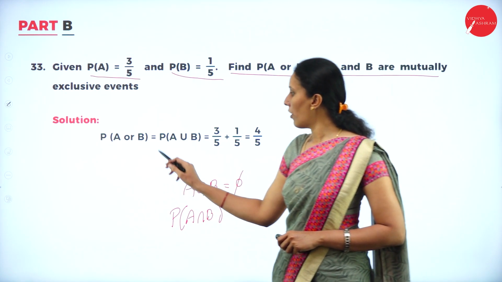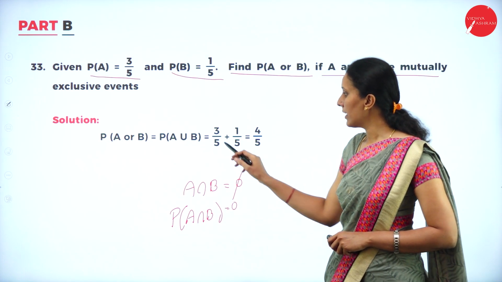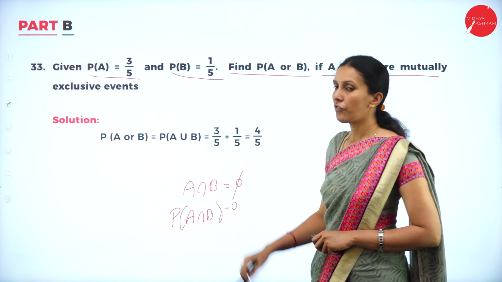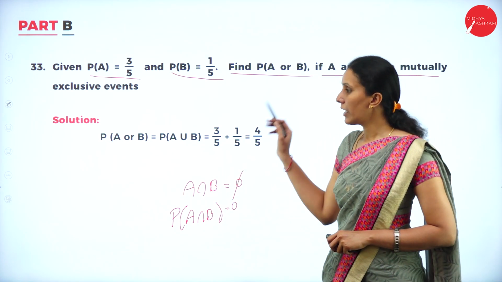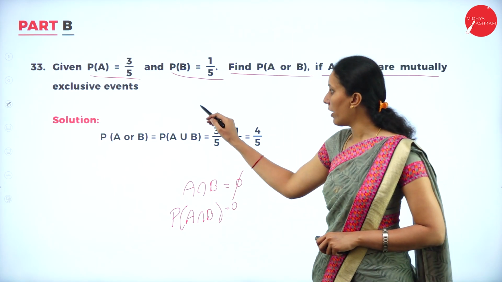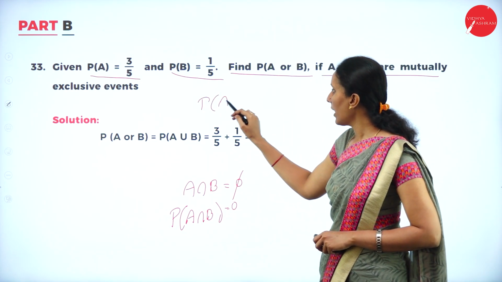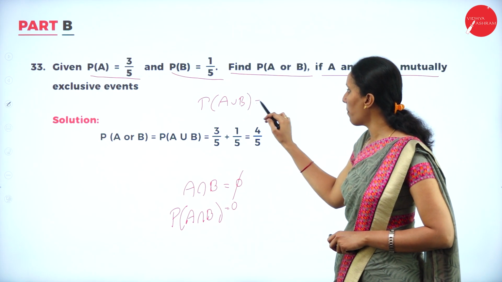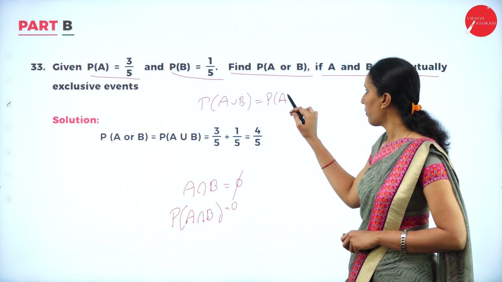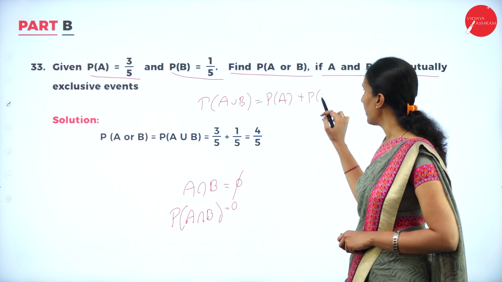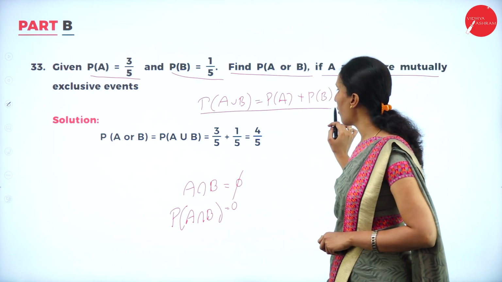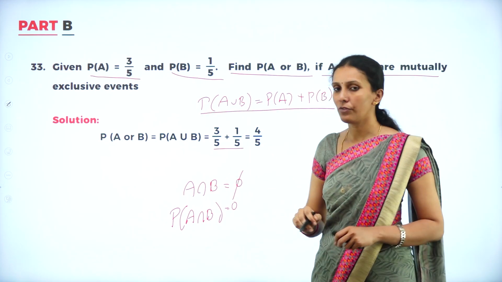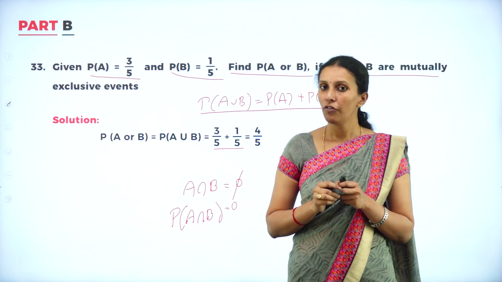Hence, we know the formula for P of A union B. It is only the sum of P of A and P of B. Whenever the events are mutually exclusive, probability of A union B is just the sum of two probabilities, probability of A plus probability of B. Hence, using this formula, it is 3 by 5 plus 1 by 5, which is equal to 4 by 5.